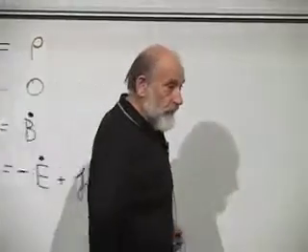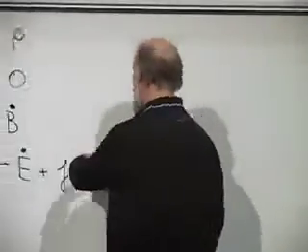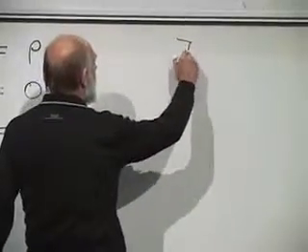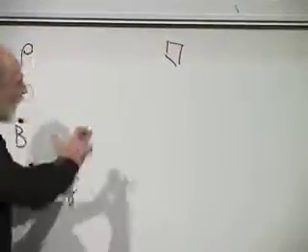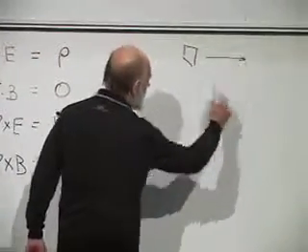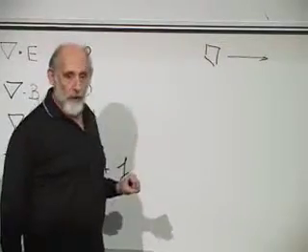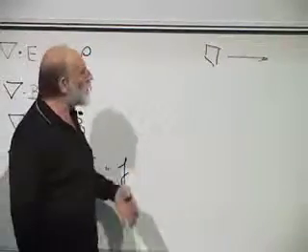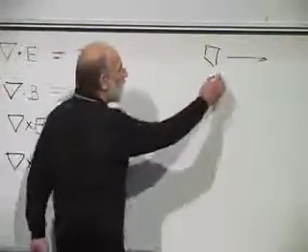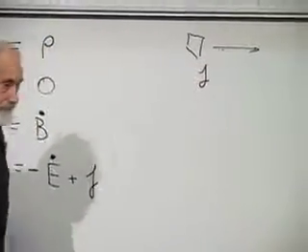Let me just remind you what that current means. The three-dimensional current: if you take a little window in space, oriented so that the perpendicular to it is along some axis, then the amount of charge passing through the little window per unit time, per unit area, is called the component of J in that direction.